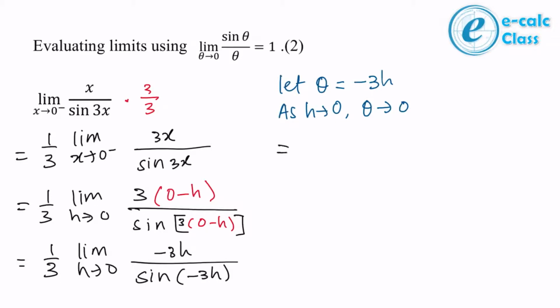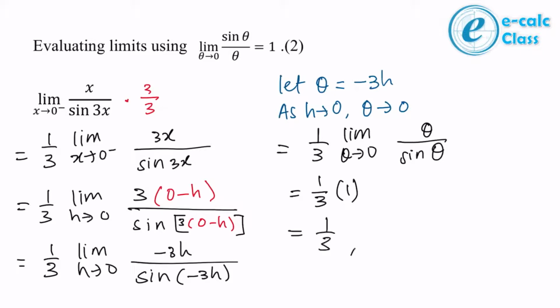Actually it doesn't matter. Limit theta approach 0, now it is theta over sine theta, which is 1 over 3 times 1, gives you 1 over 3. Cool. We go to the next one.